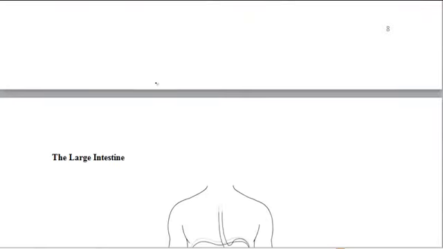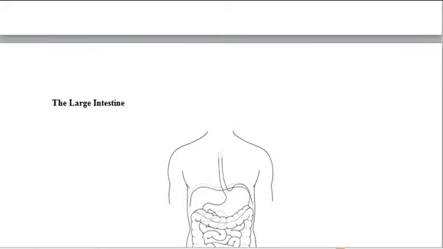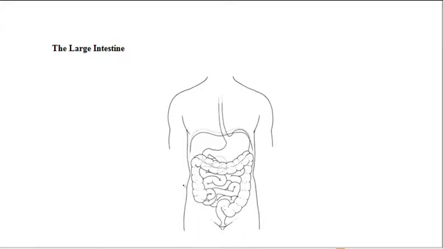Finally, we're going to take a look at the large intestine. So just by perspective, looking at the drawing, this is the left side, and this is the right side of the human body. Okay?